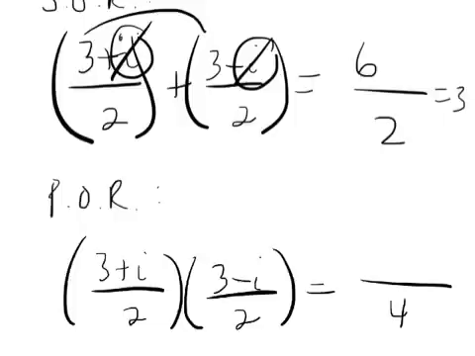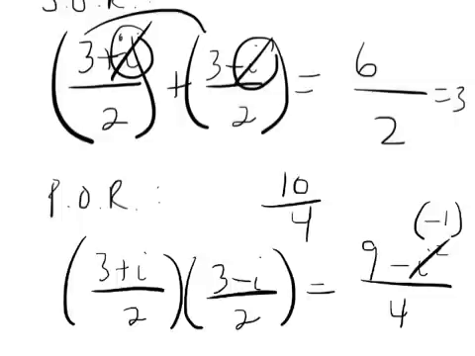Multiplying the numerators, you would FOIL it out, but if you remember, the middle terms cancel when you're multiplying complex conjugates. So the first term gives you 9, the middle terms cancel, the last term gives you negative i squared. Well, negative i squared is negative 1. So this is minus negative 1. So it's 9 minus negative 1, which is really 9 plus 1, which is 10. So the product of roots is 10 over 4, which reduces to 5/2.